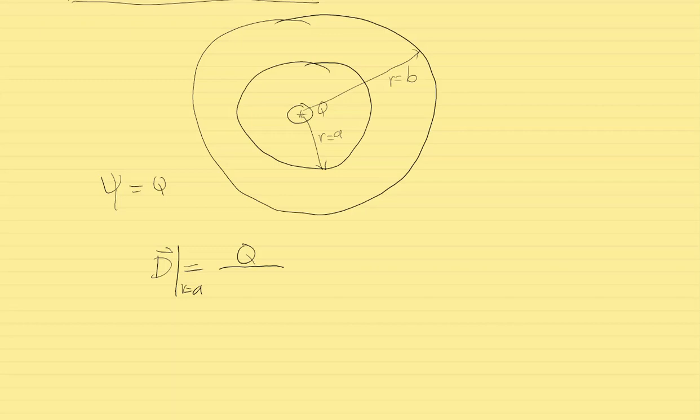What's the formula for the surface area of a sphere? It is 4 pi r squared. So for the inner sphere, the electric flux density will be equal to Q divided by 4 pi a squared, since r is equal to a.